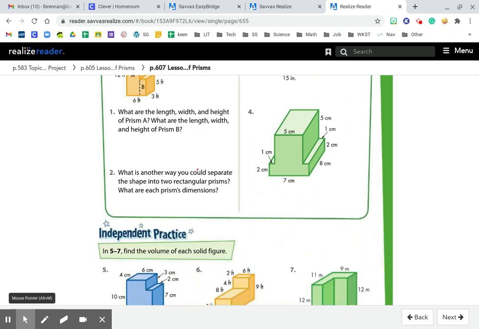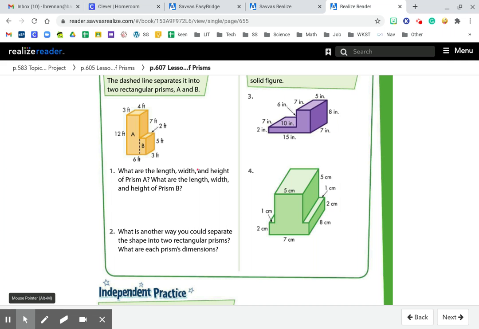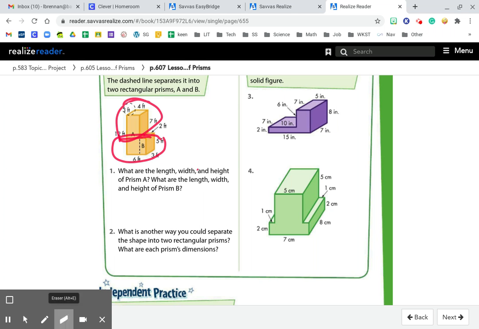And then for 2, what's another way you can separate them? Just another way you could separate this is you could chop it off here. So you could say A is the top piece right here, and B would be the bottom box there. And what are the dimensions for those? Let me erase my scribbles so I can read it.